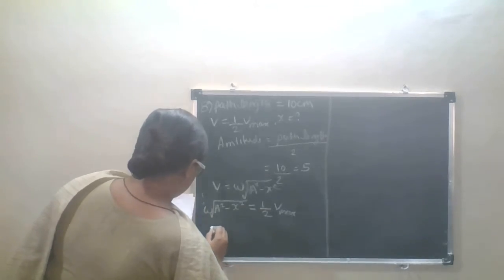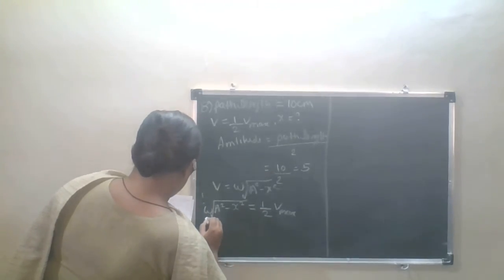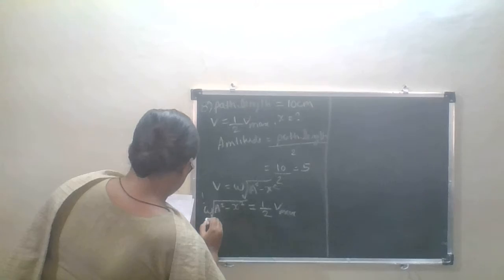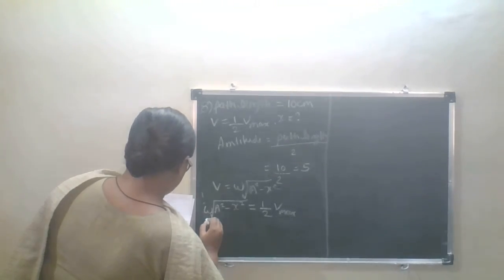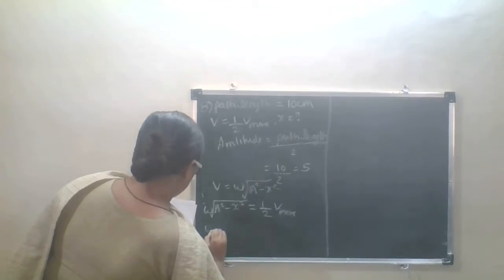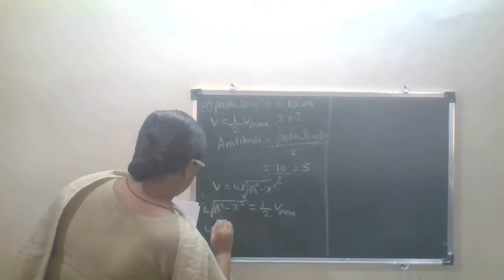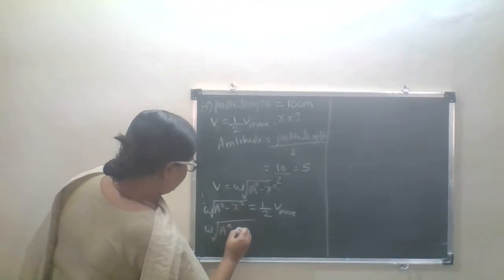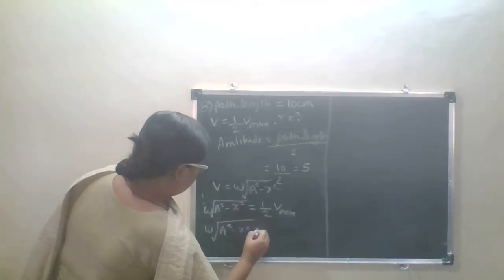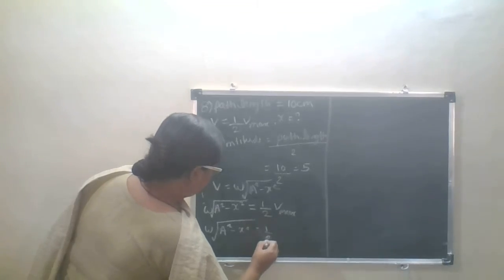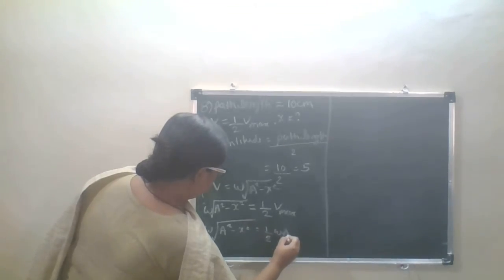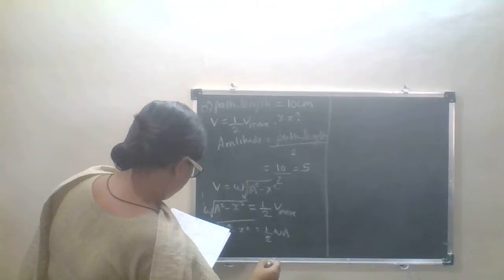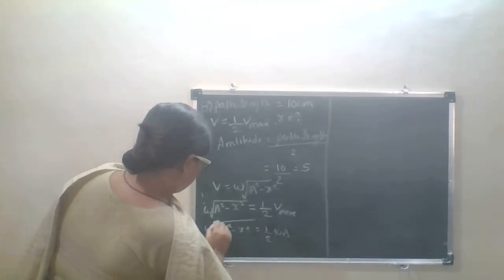Then this will be omega into under root of a square minus x square is equal to 1 by 2 into omega a. Then this omega will be cancelled.